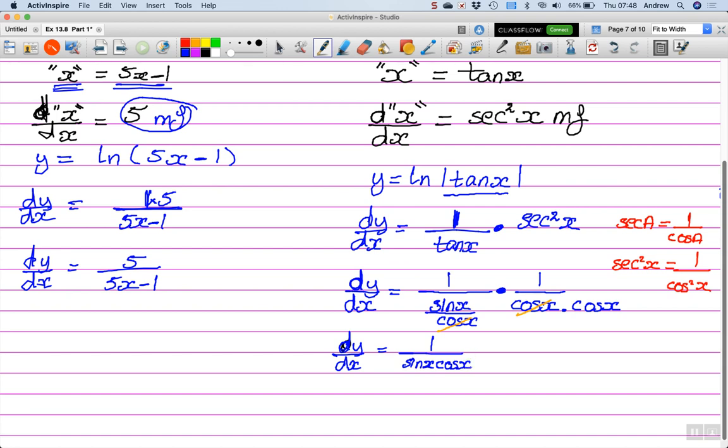And again, quite depressing. You could end up having to even rewrite that, because if you go to the formula book, you'll see that, and this is on page 14 of the formula book, 2 sine a cos a is equal to sine 2a.